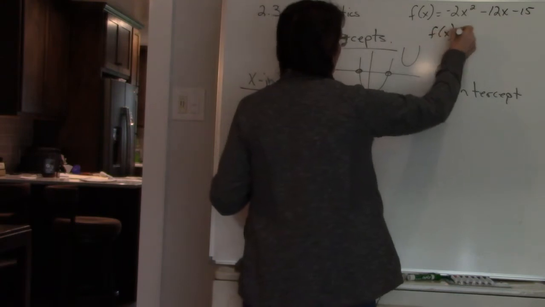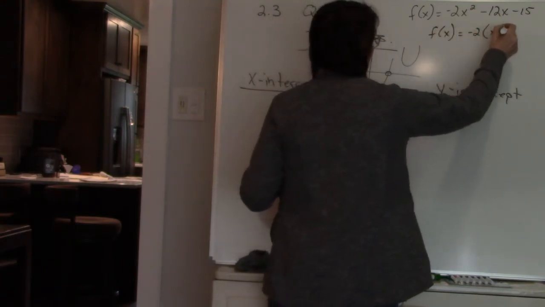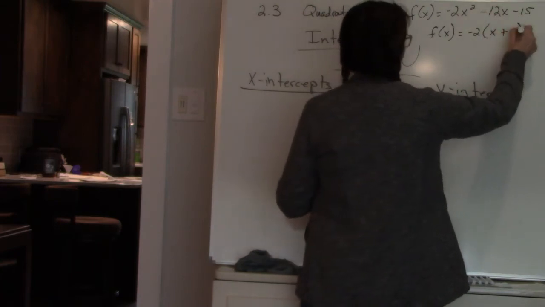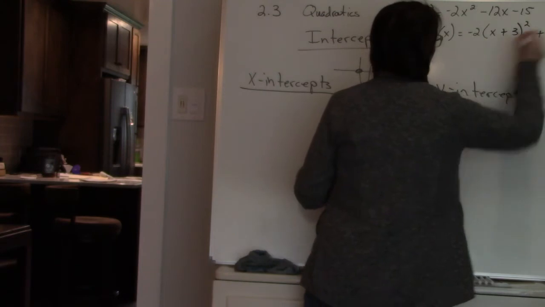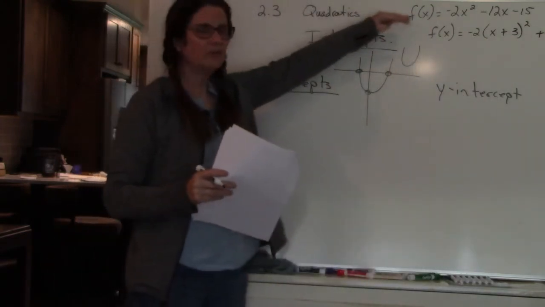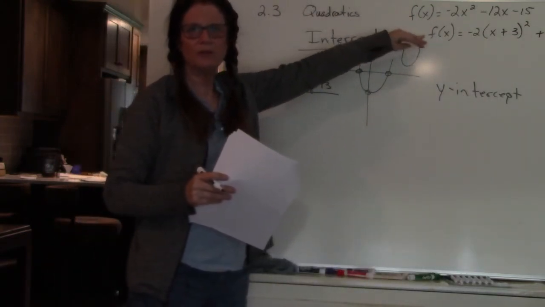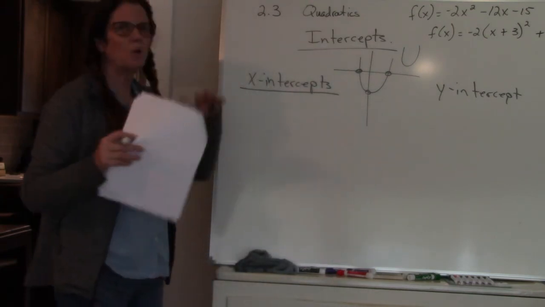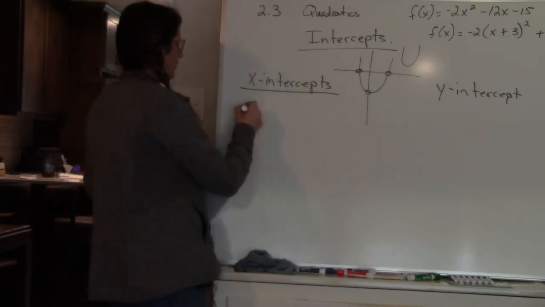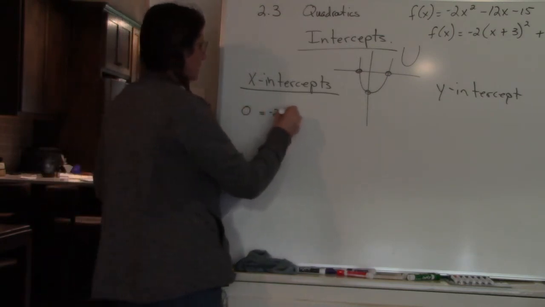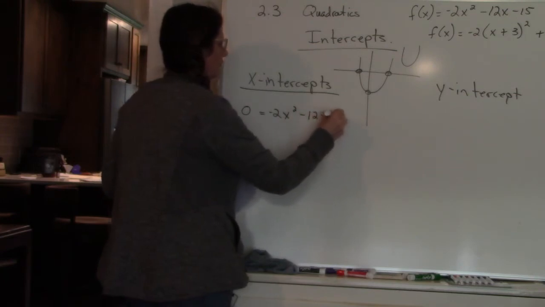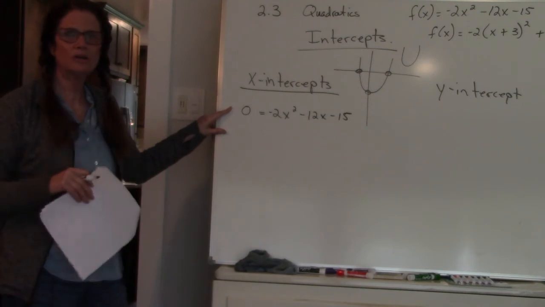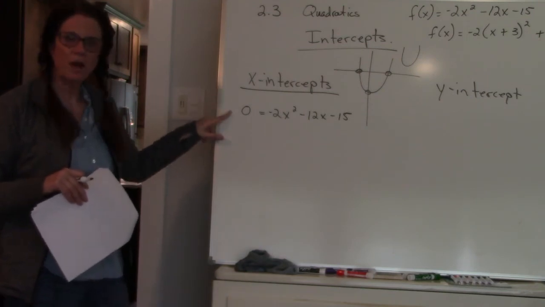This is the same function, but in vertex format. Okay, so exact same function. One's in standard form, one's in vertex format. So to find your x-intercepts, that means your y is 0. So what you're going to do is set your function to 0. Whether it's standard or vertex format, doesn't matter. The y is still 0.